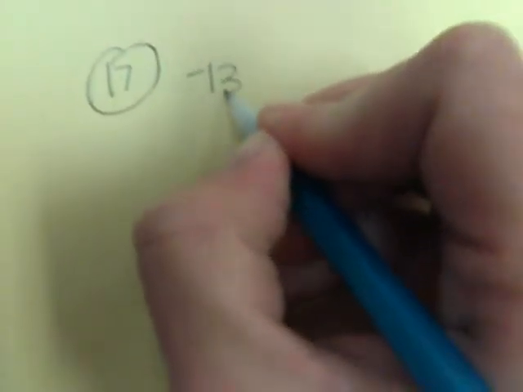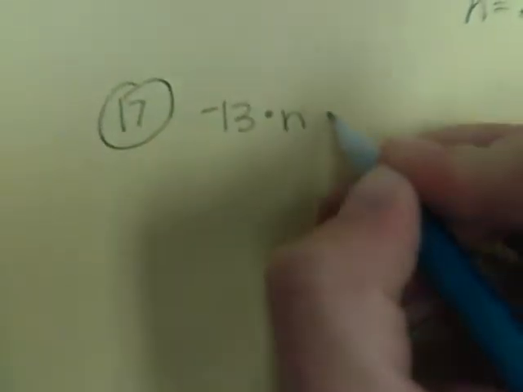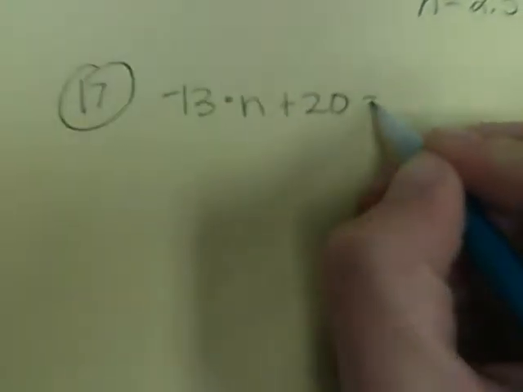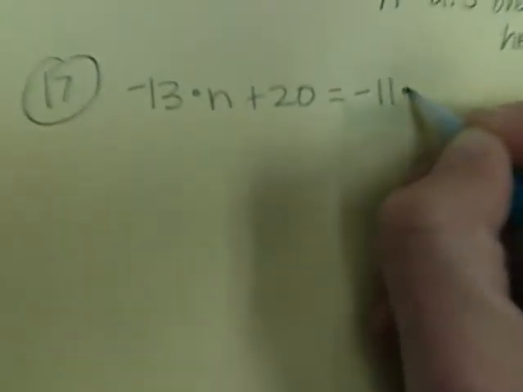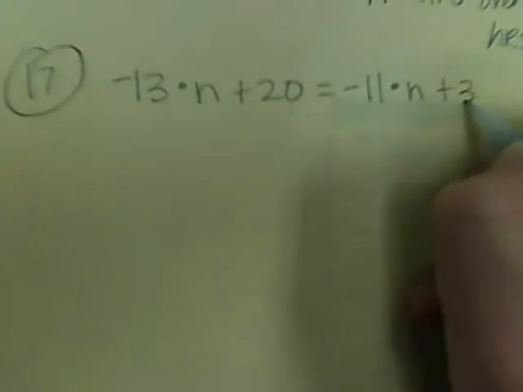Negative 13 times a number plus 20 is equal to negative 11 times the number, remember we used n, plus 38.